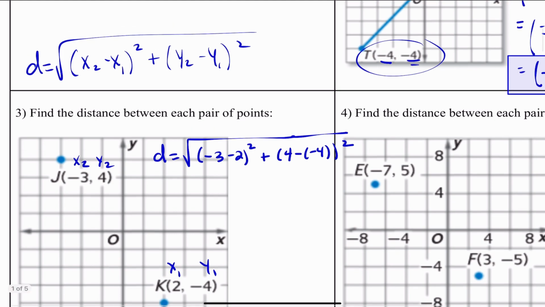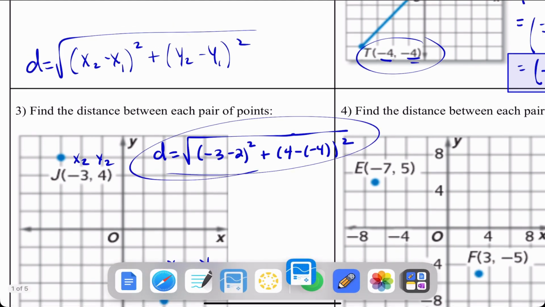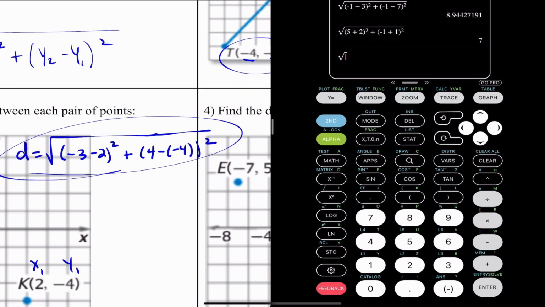Okay, and then I can stop right here and plug it into my calculator. So I press second x squared and then type it in. Parentheses, negative 3 minus 2, close the parentheses, square that, press the right arrow key, plus 4 minus negative 4 quantity squared.